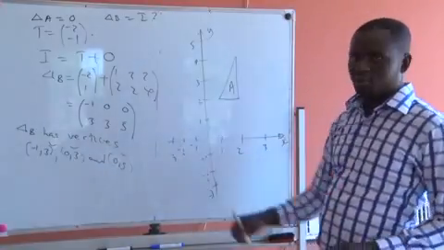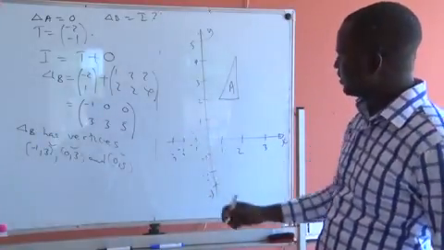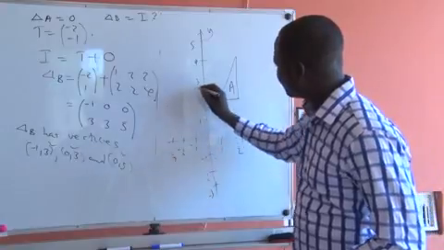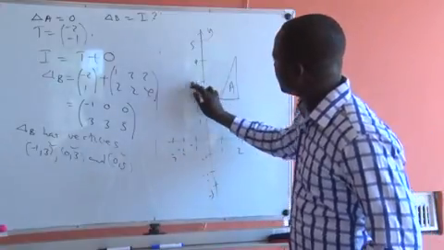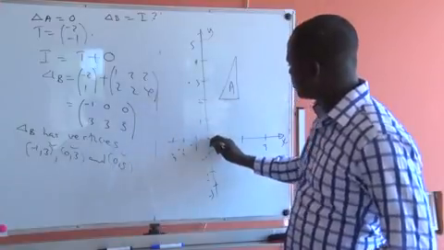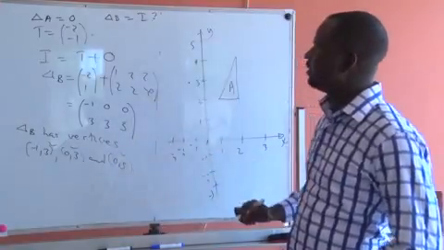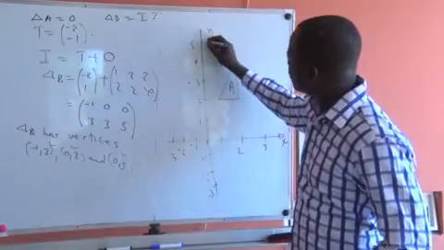Then now triangle B, you can plot it also. Negative 1, 3 is there. Also 0, 3, it's there. It's 0, 0, it's here, so 0, 3 it's there. And then 0, 5, which is there.